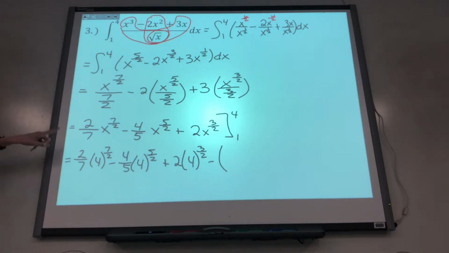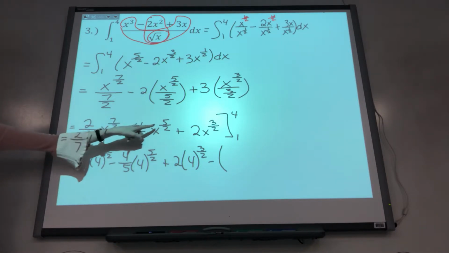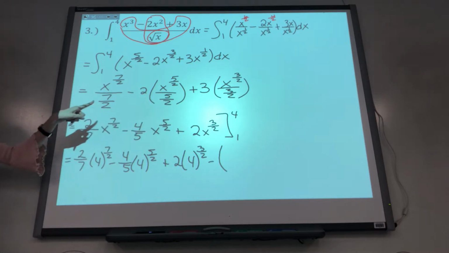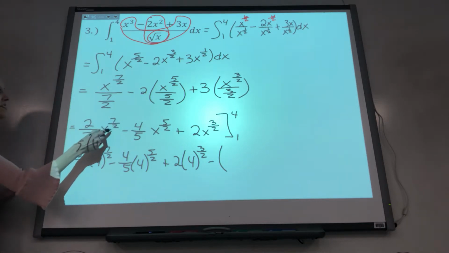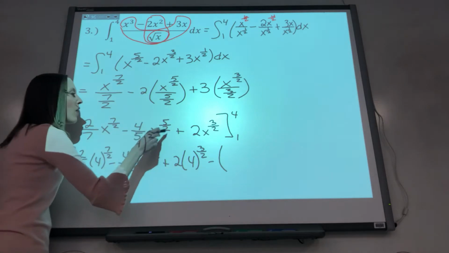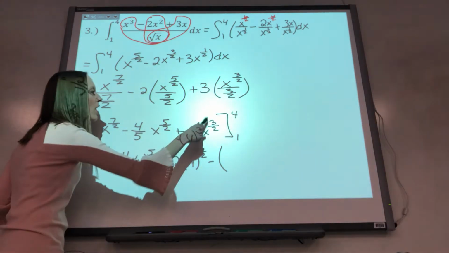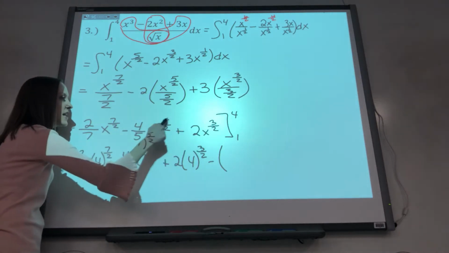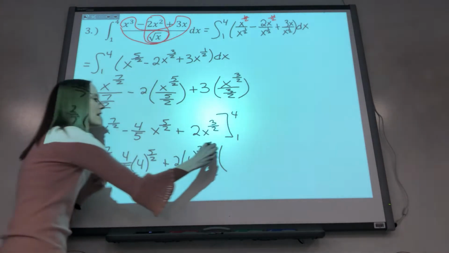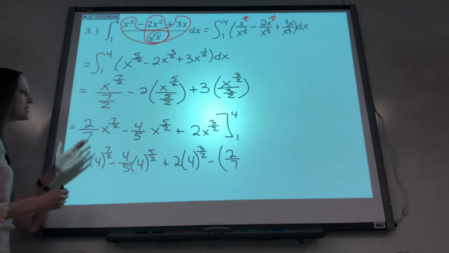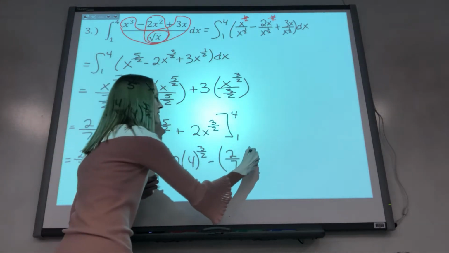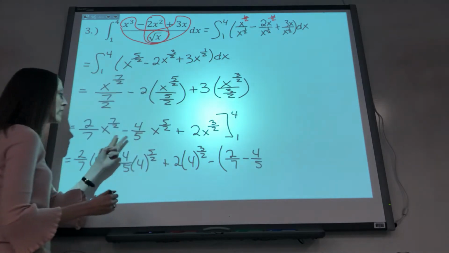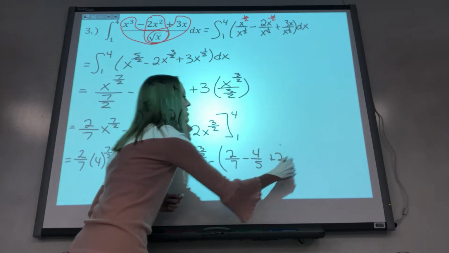Now actually, I'm going to take a little shortcut. What is 1 to any power? 1. 1 to the 7/2 power is 1. 1 to the 5/2 power is 1. 1 to the 3/2 power is 1. So all of those parts turn into 1, which means I'm just going to get back those numbers out front. 2/7 minus 4/5 plus 2.